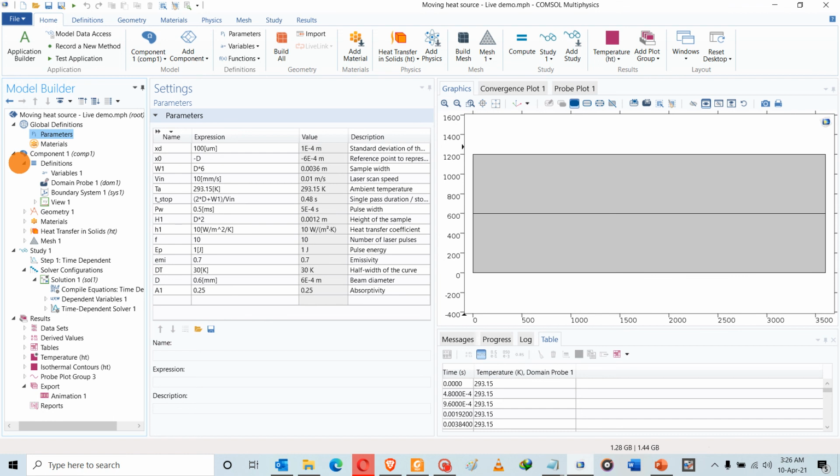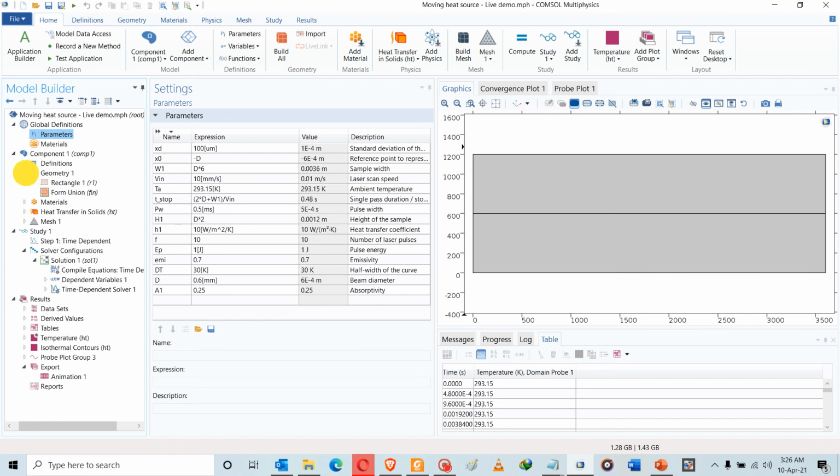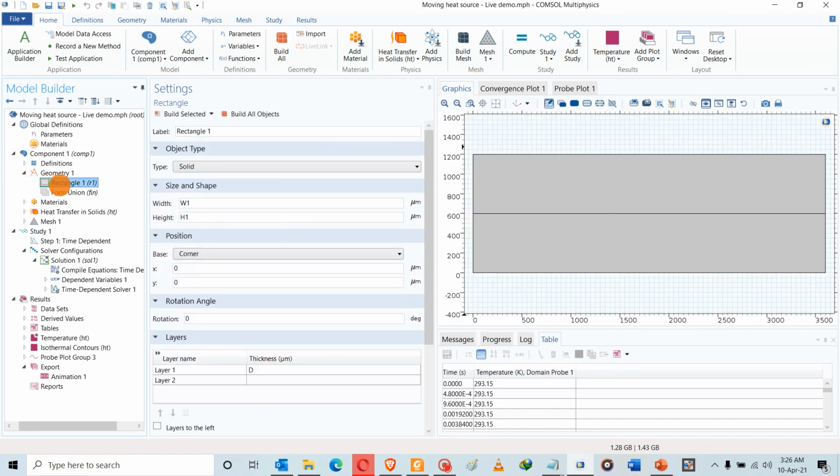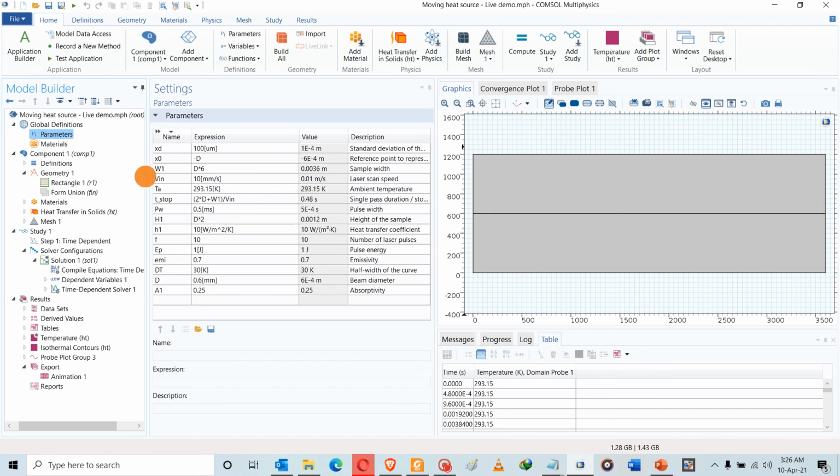And then after that, we created a geometry. We did it in such a way that the dimensions of the sample were dependent on the beam diameter so that we don't over design the sample dimensions and spend time doing calculations that were not going to help us. If we are closer to the laser beam, we can get a better reading and a much quicker computation.